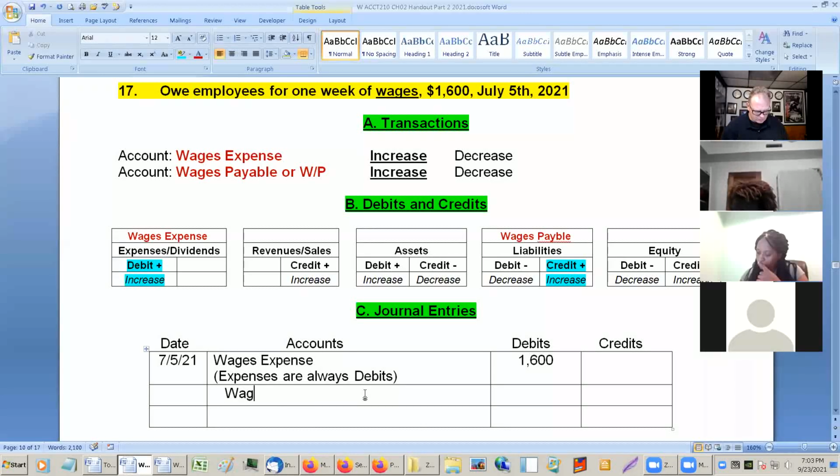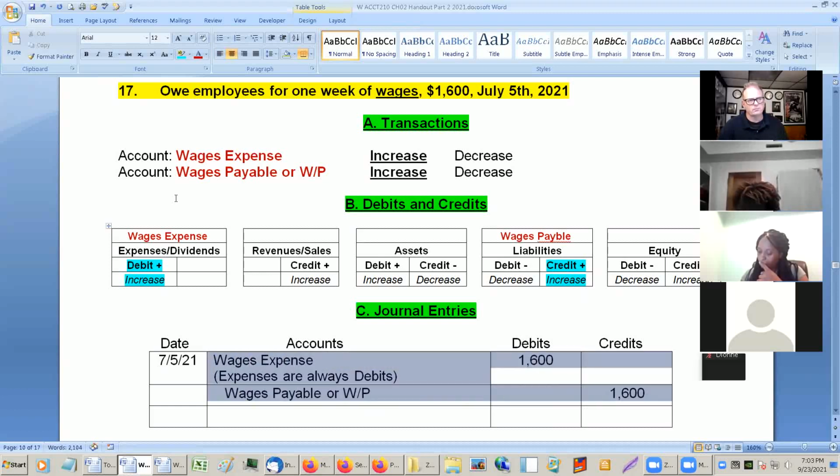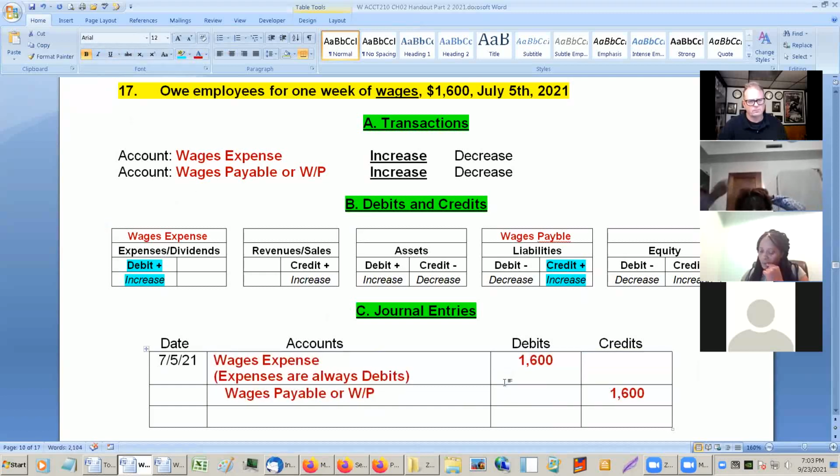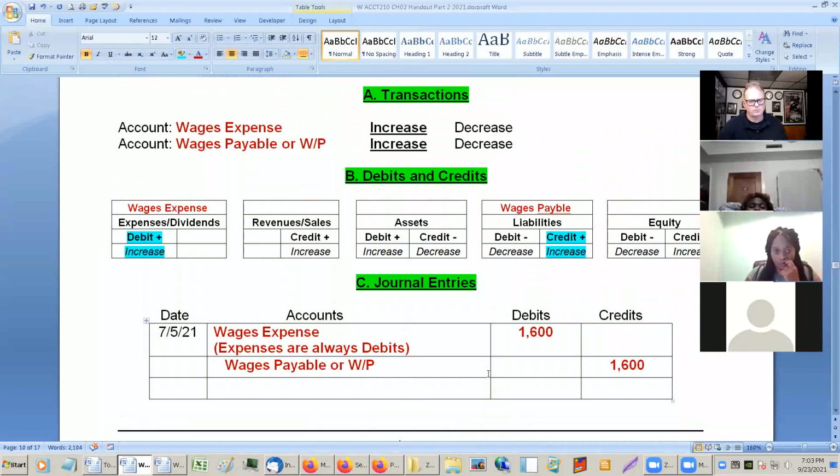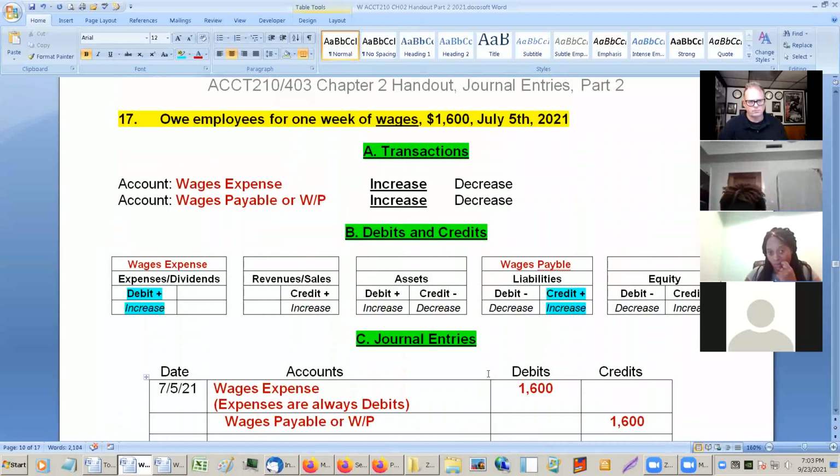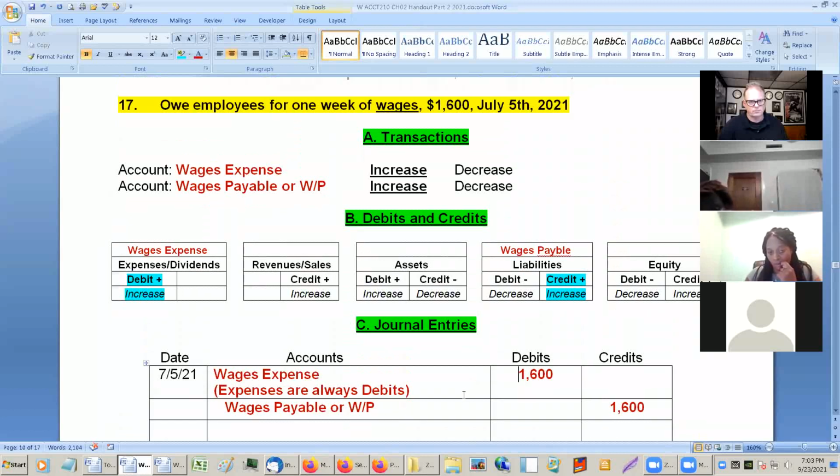Could be accounts payable too, or AP. Question on that one? So expenses are always debits.